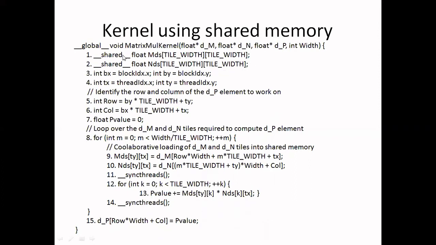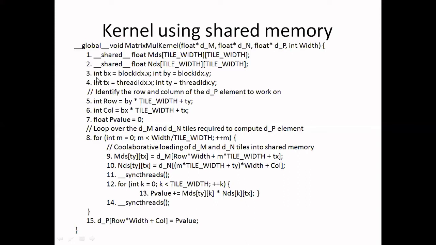This shared memory, as you are defining at lines 1 and 2, will be allocated for the block, that means for each thread in a block, and its lifespan will be till all the threads of this block have executed.